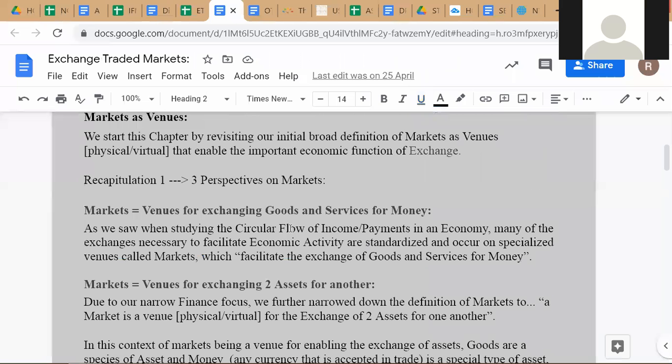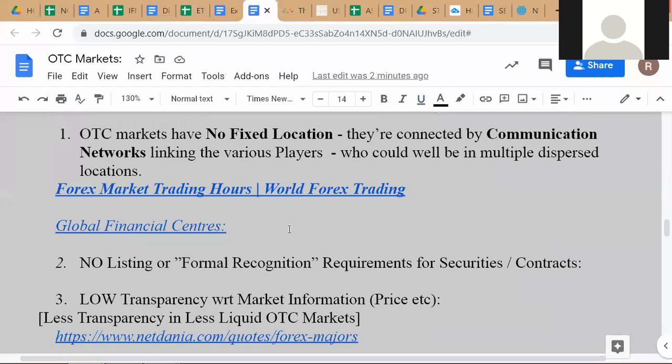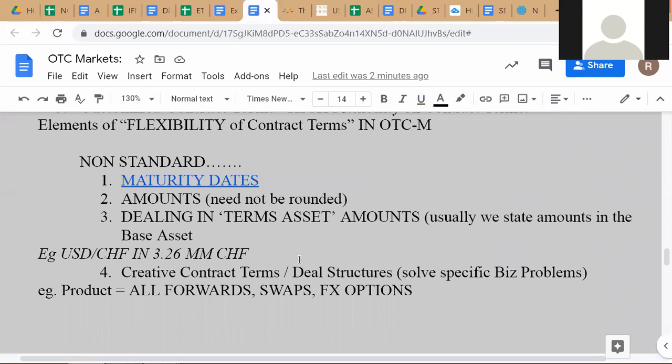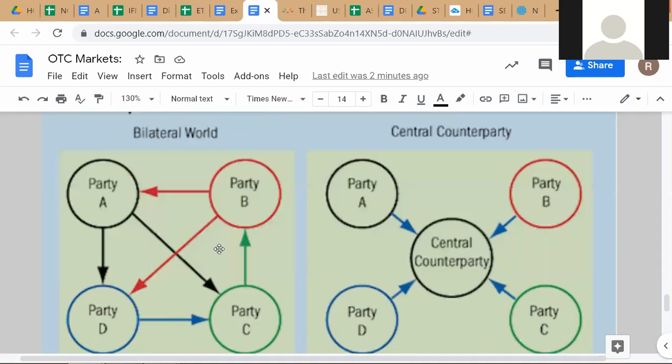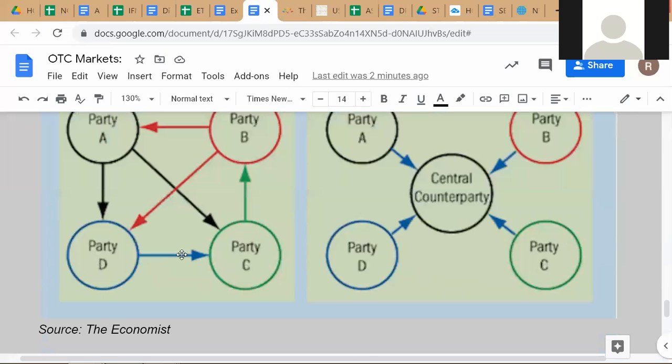That note is here, okay? Here's a picture. This is a picture of the OTC market. This is the bilateral world, okay?